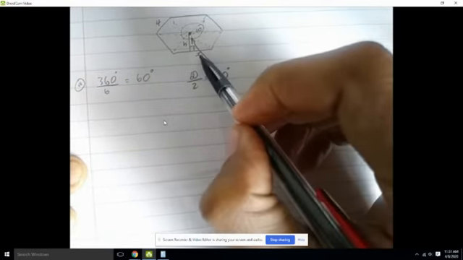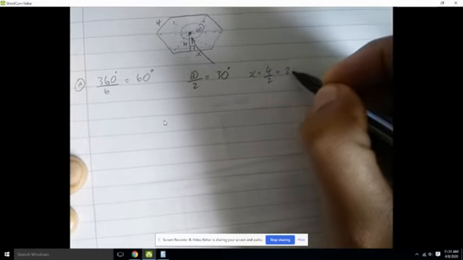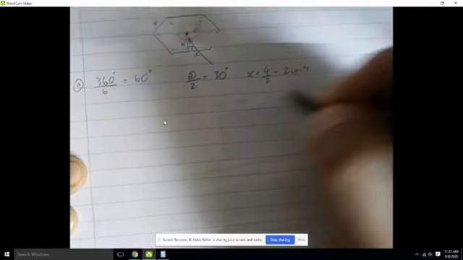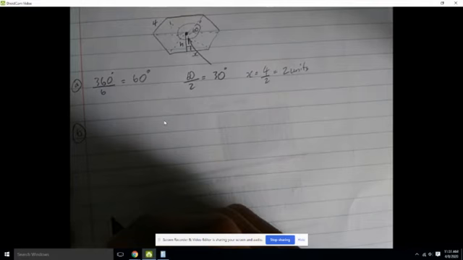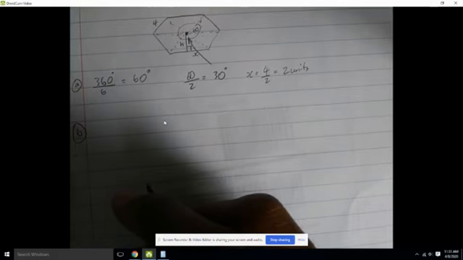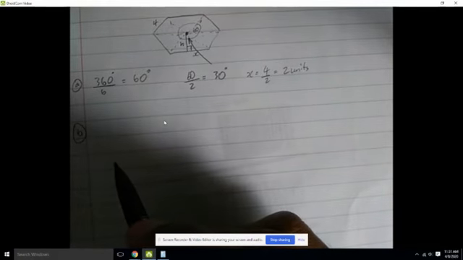So looking at it, x, therefore, should be equal to 2 units. Okay? So for part B, it's asking us to determine the length of x, which we just did, and to find the length of h, or the height or altitude.